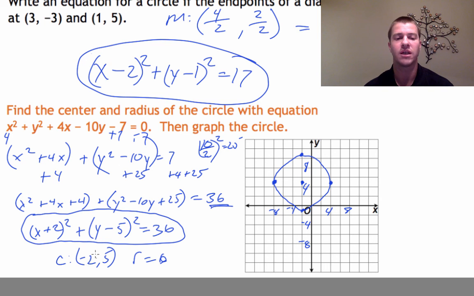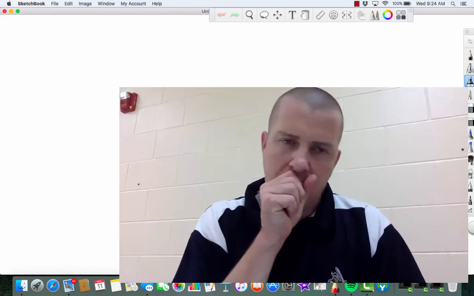So I have the circle with center at -2, 5, and I went by 2's here. So -2, 5 is going to be halfway, and a radius of 6, which is 2, 4, 6 in each direction, and that's my circle.